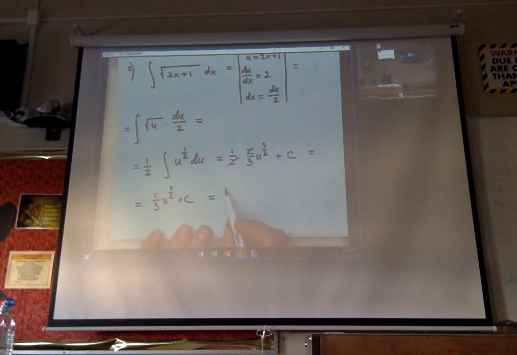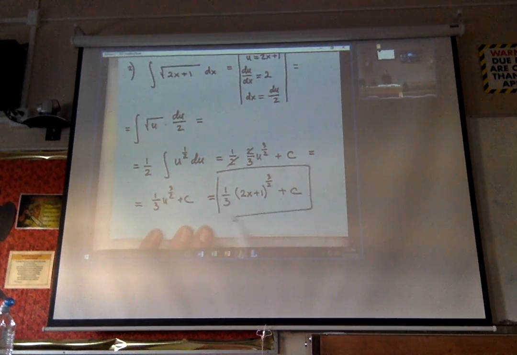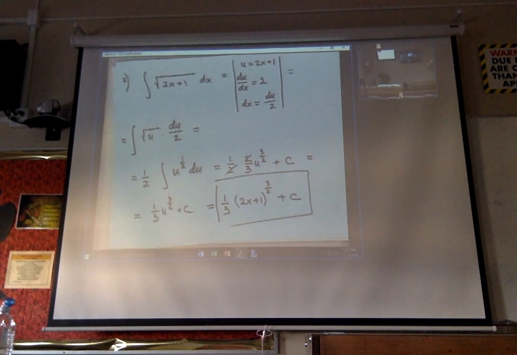So we have 1 over 3, then what was your substitution? 2x plus 1 to the 3/2, and plus c. And this is the answer. Okay, do you understand?